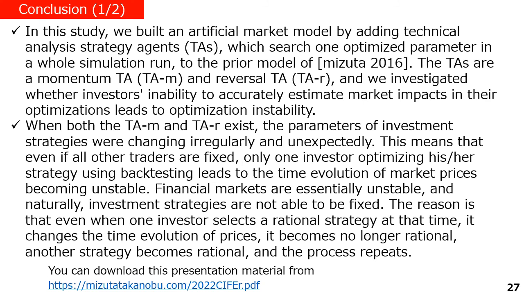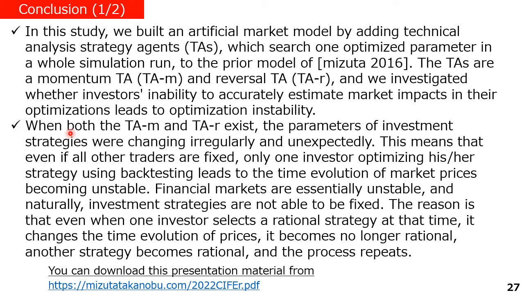Conclusion. In this study, we built an actual market model by adding technical analysis strategy agents, TAs, which search one optimized parameter in a whole simulation run, to the prior model, Mizuta 2016. The TAs are momentum TA, TAM, and reversal TA, TAR, and we investigated whether investors' inability to accurately estimate market impact in their optimizations leads to optimization instability.